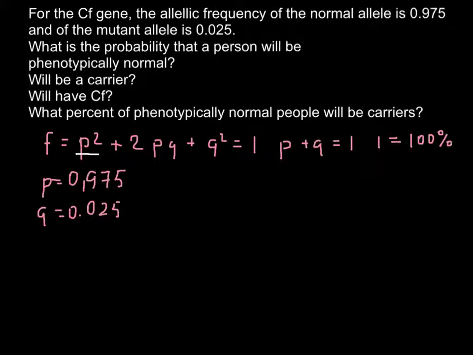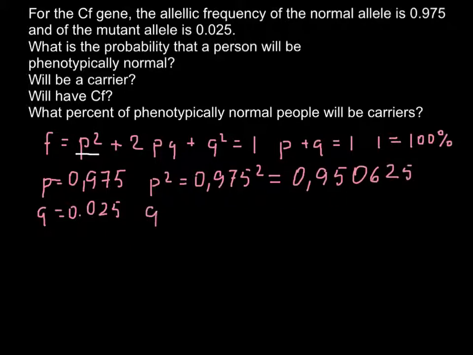So now it would be very easy to find p squared. We just have to multiply p by itself, so p squared would be 0.975 squared, and the answer here would be 0.9502625.